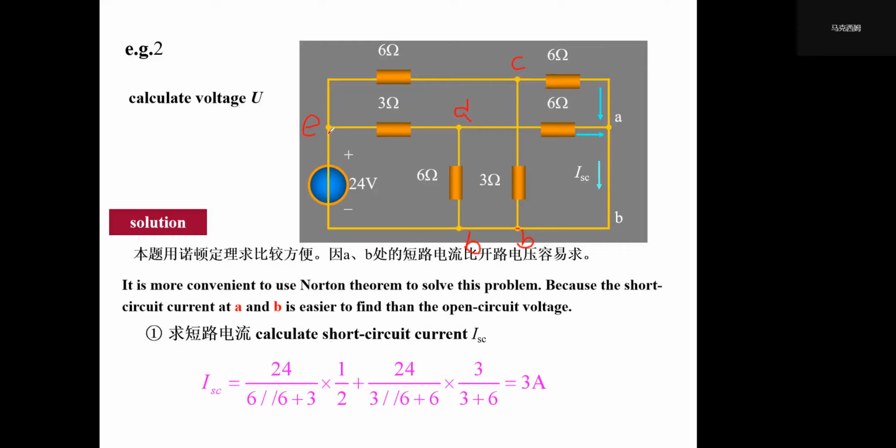So we can see between C and E, we have a 6 ohm, and A and C. We should make a table here. So it's kind of complex. C and D.